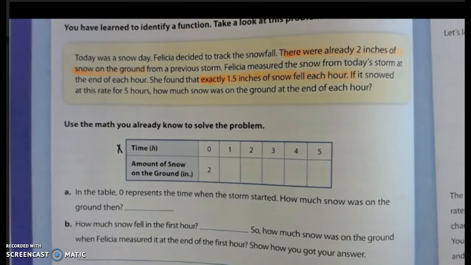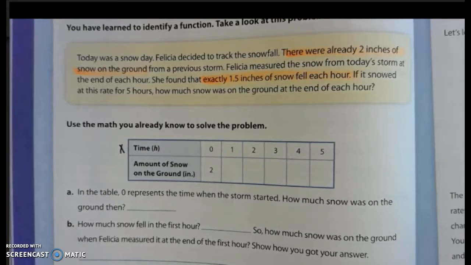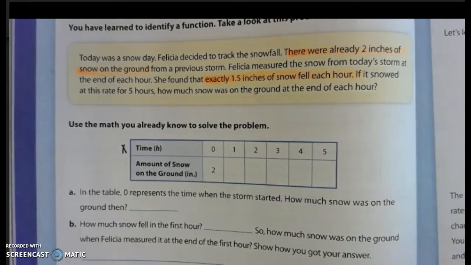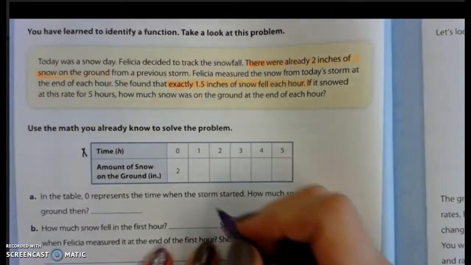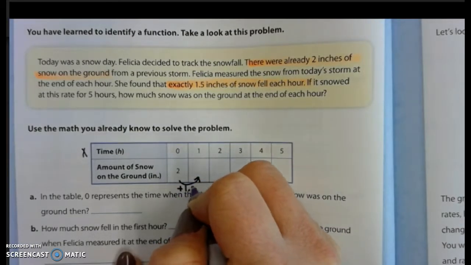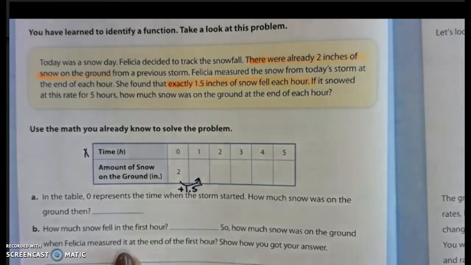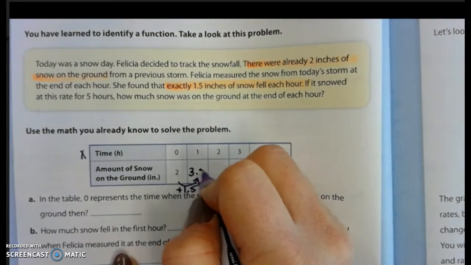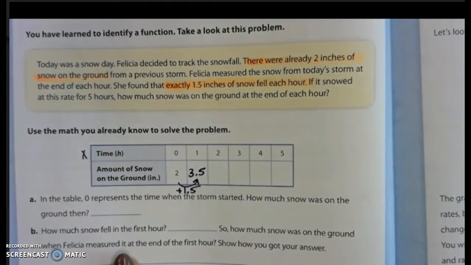She said that 1.5 inches of snow fell each hour. So at 0 hours, there was 2 inches. After 1 hour, there should have been an additional 1.5 inches. So if you took your 2 inches and you added 1.5, there would have been 3.5 inches of snow on the ground after the first hour.